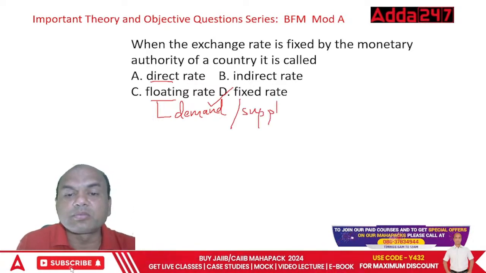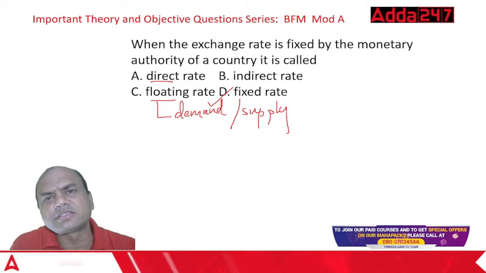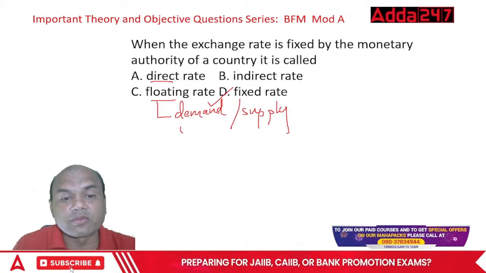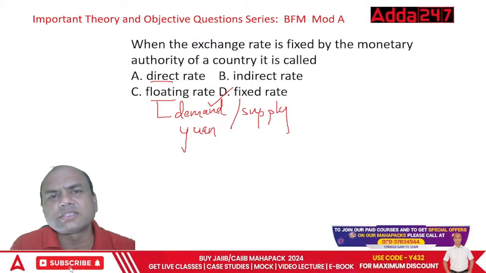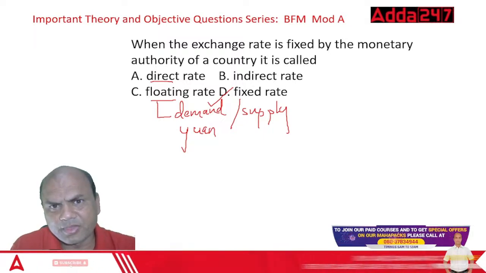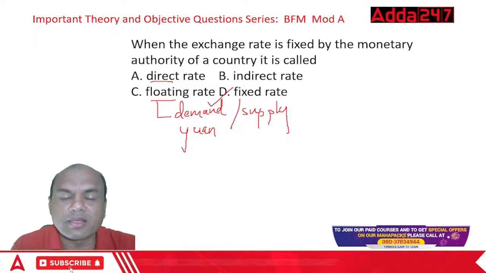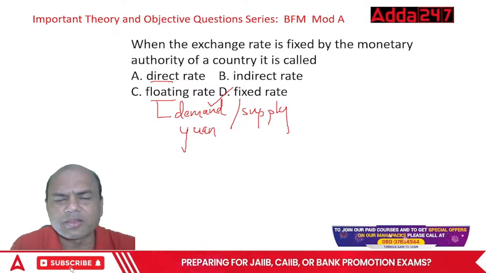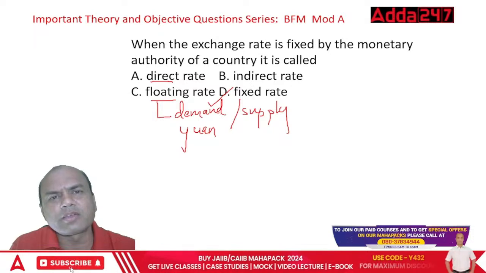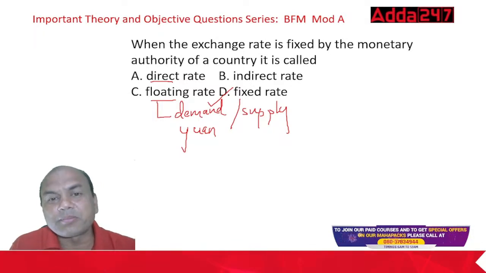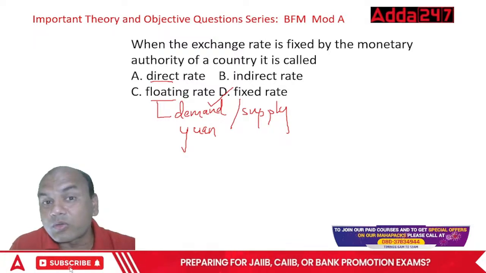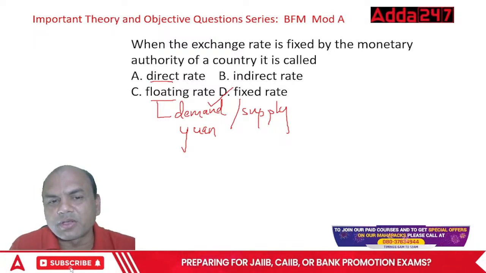But what happens? The Chinese government interferes heavily in this yuan. Their currency is yuan, Y-U-A-N. They have two currencies, one is yuan, second is renminbi. We don't hear about this renminbi many times. We hear about yuan. Both are equivalent only. 1 yuan equals 1 renminbi. That's what I'm saying, they are playing gimmicks over there. We are not going into that geopolitical issue now.